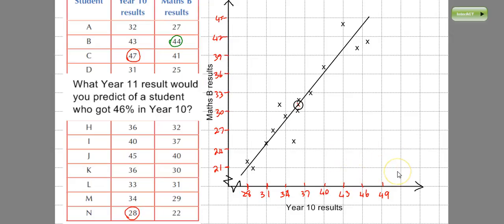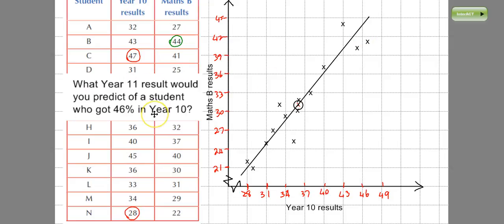If I wanted to know the year 11 results of someone who got 55% in year 10, up here somewhere, unfortunately I haven't given myself enough graph to make that prediction. But if I'd thought ahead of time that maybe that question might be asked, then I could have extended my scale and I could have extended my line of best fit and answered that question.